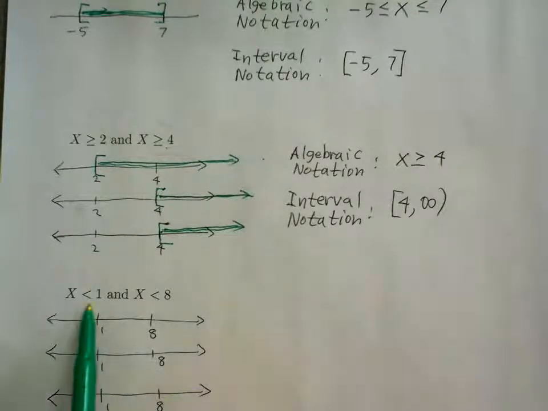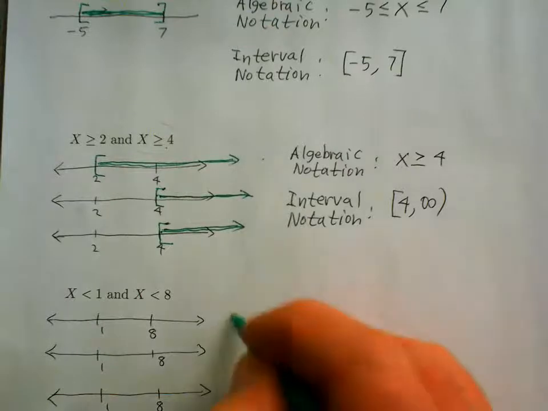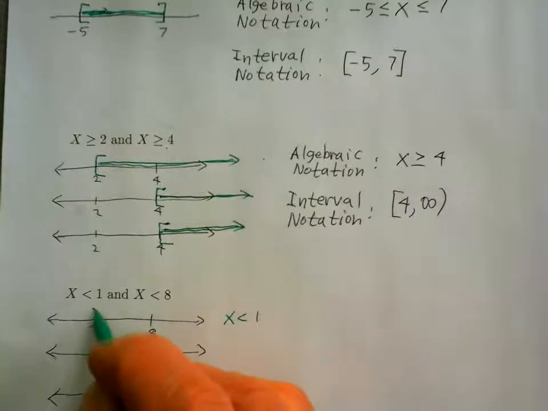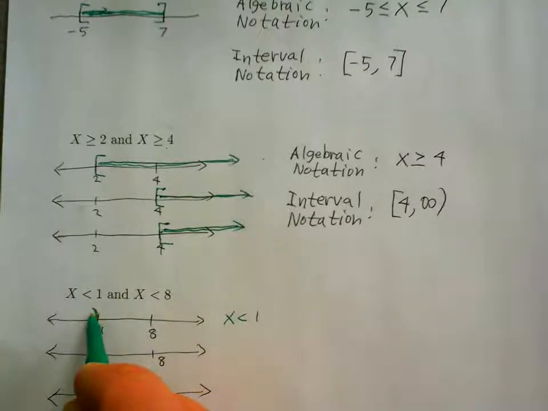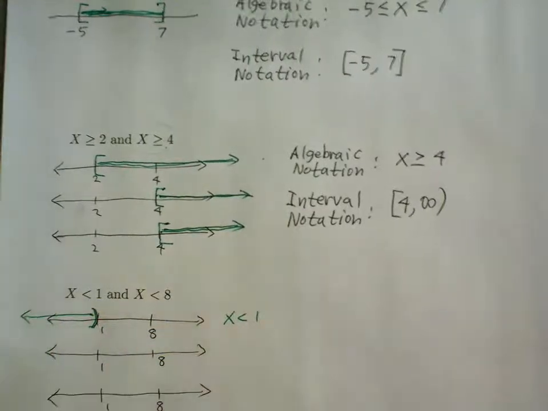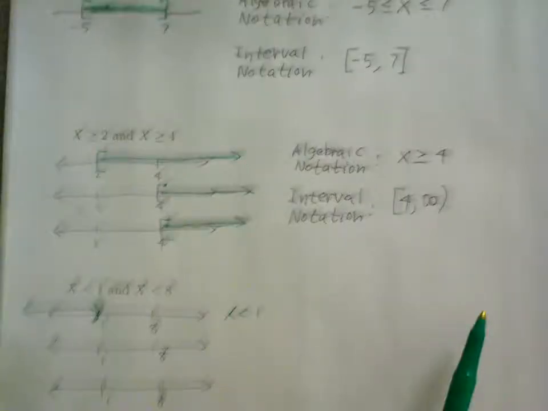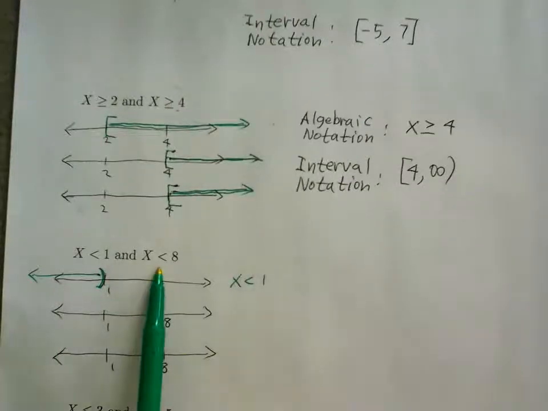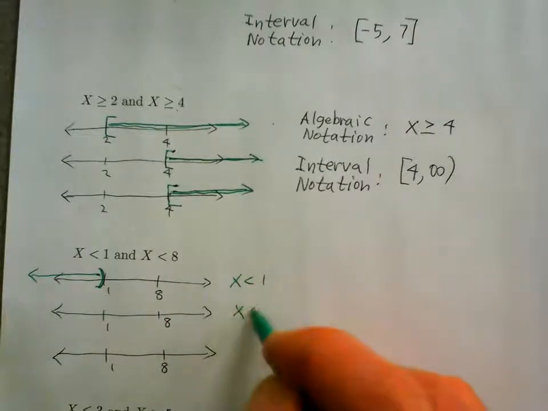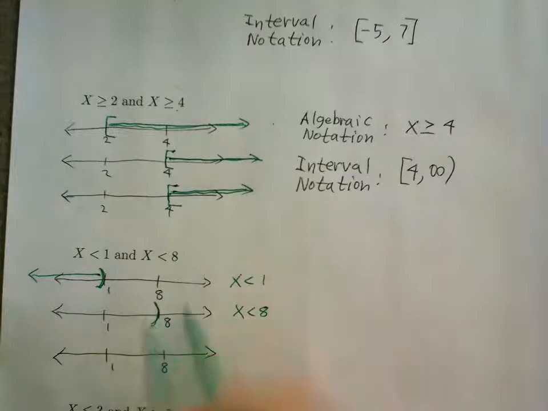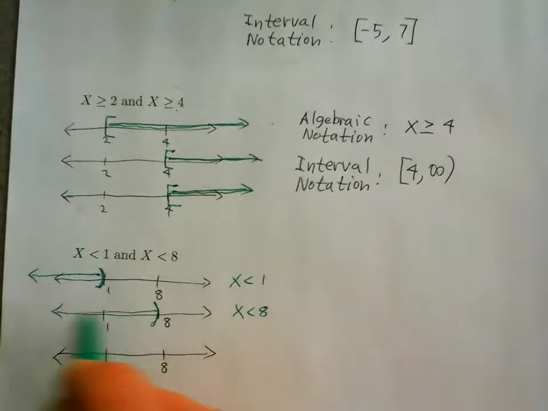Okay, the top one will be x is less than 1. So if x is less than 1, it's parenthesis at 1 and shade to the left, all the way to negative infinity. X is less than 8. So that's a parenthesis at 8 and shade everything to the left.